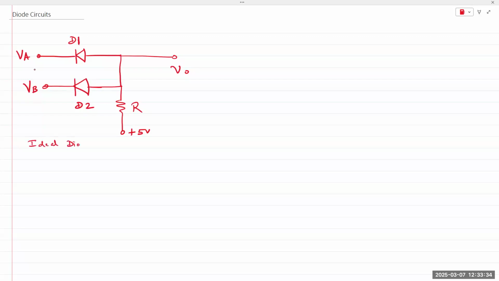Parameters of the problem statement, everything remains the same. Ideal diodes. Determine V out for all combinations of VA and VB.